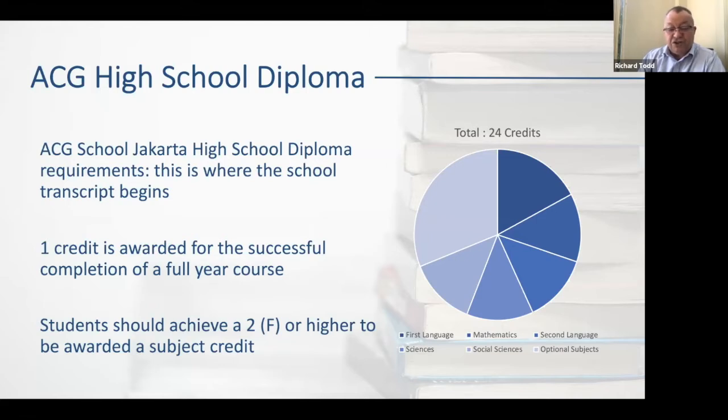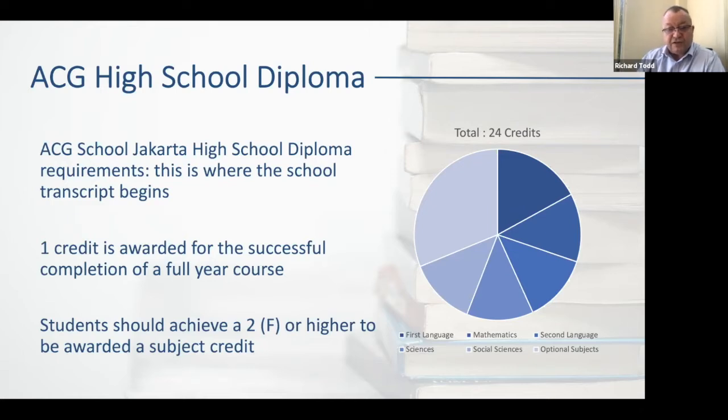Students should achieve a 2 in IGCSE letter grades, that's an F, or higher to be awarded a subject credit. So this is one of the reasons we want to encourage students to be looking at their grades. Obviously, it's important from year 7, but we want to pay particular attention from year 10.